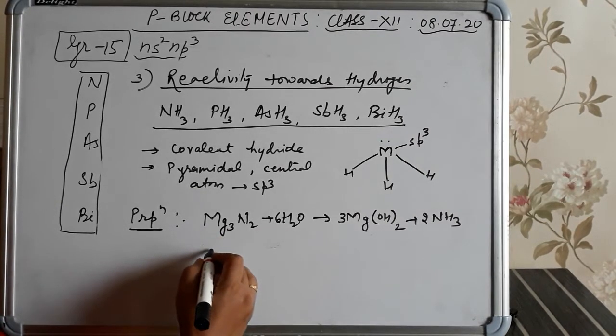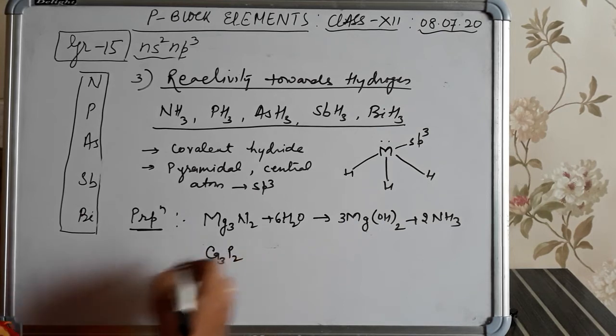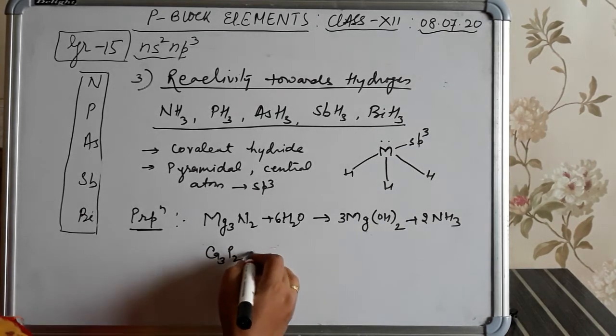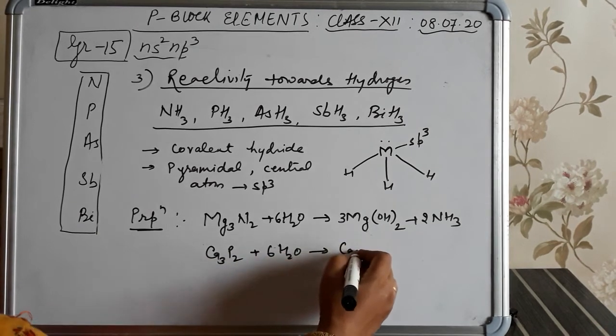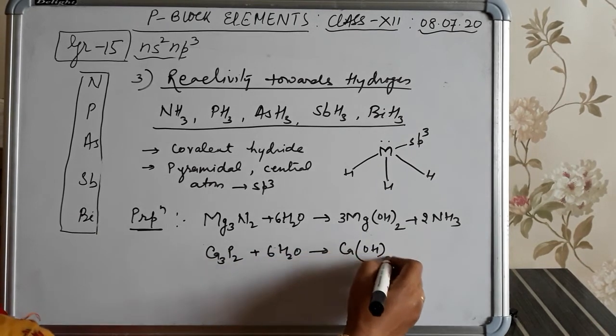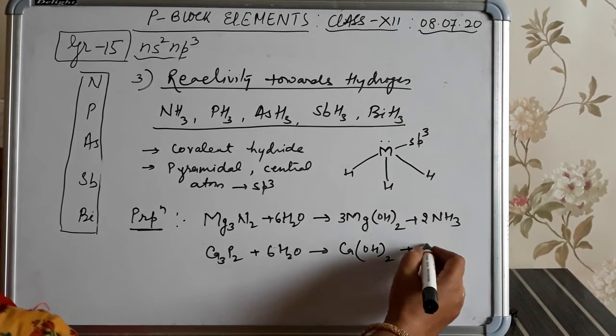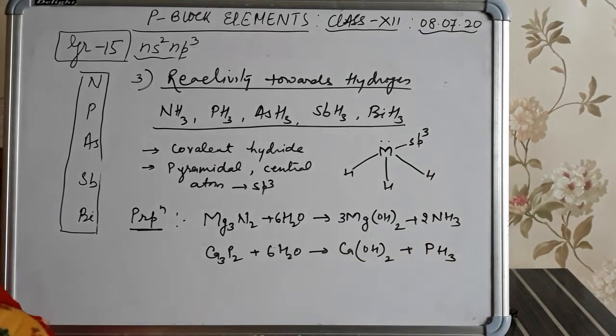The same thing with a phosphide compound. Suppose we have a phosphide compound, when it undergoes hydrolysis, it will form calcium hydroxide and we have hydrides of phosphorus. So balance it.